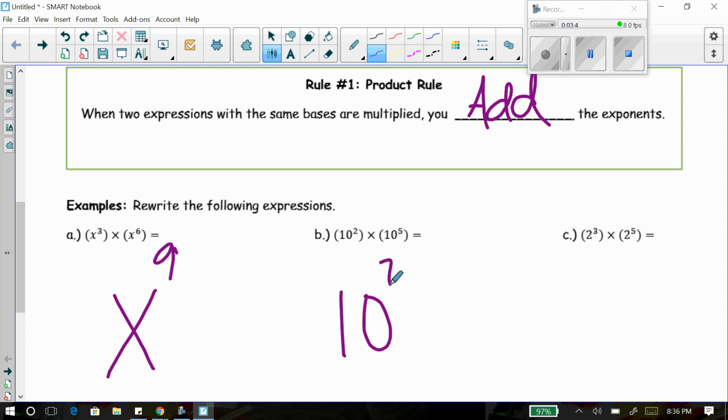The next one, they both have a base of 2. So when I multiply, we add exponents. So 3 plus 5 is 8. Okay.